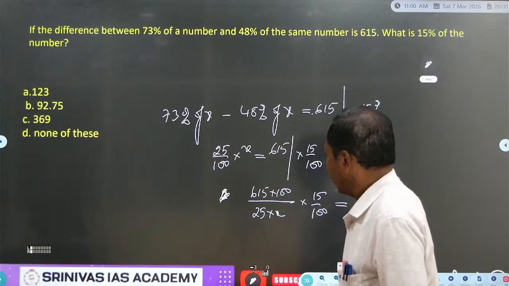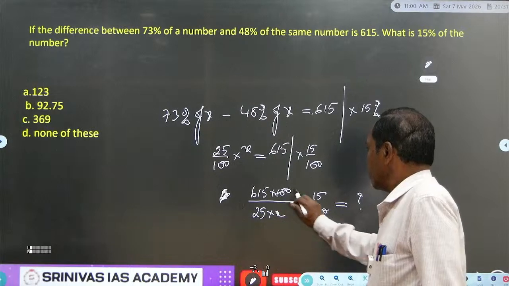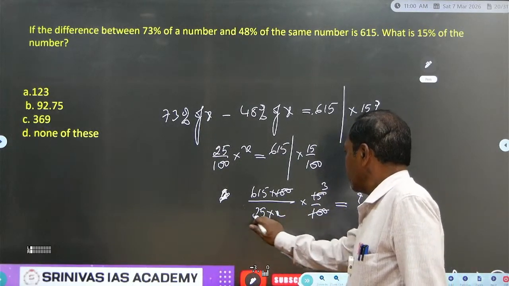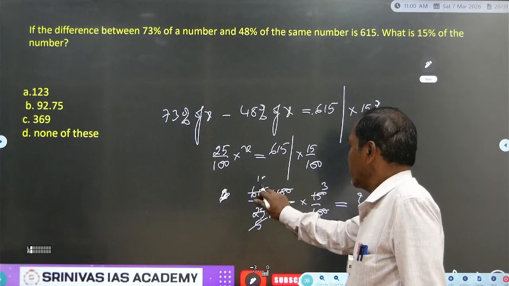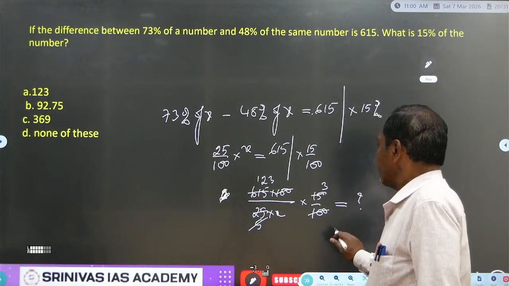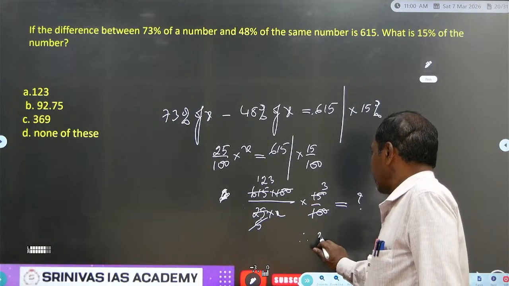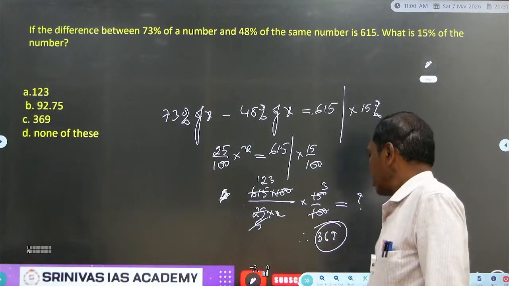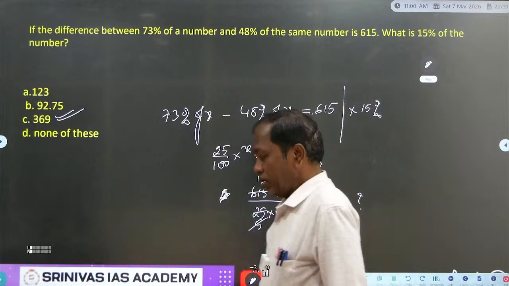That's all. 123 into 3 is what? 369. 369, option C is the correct one.